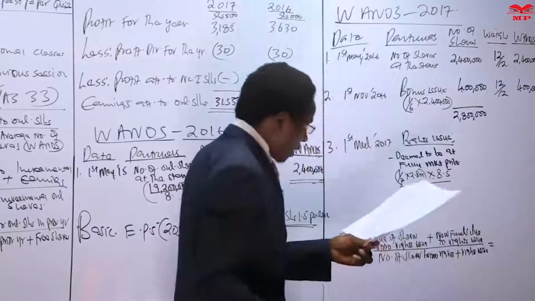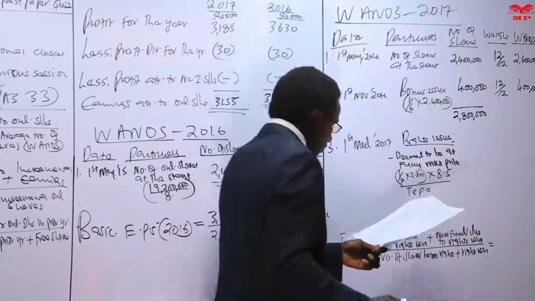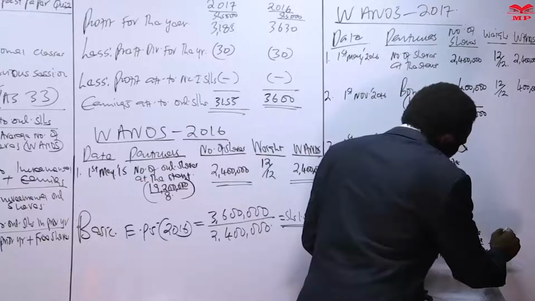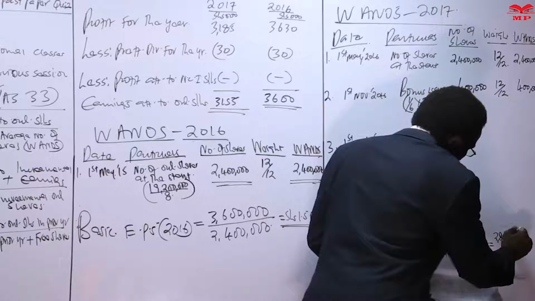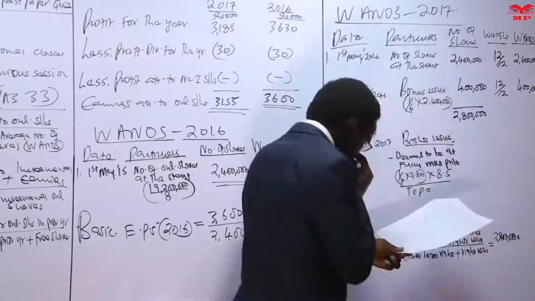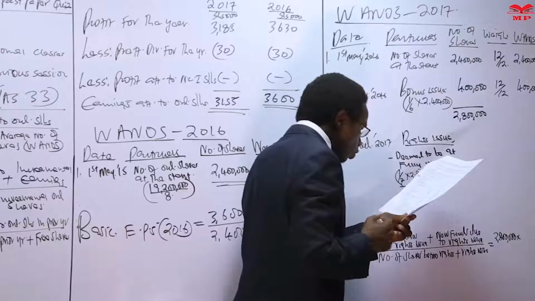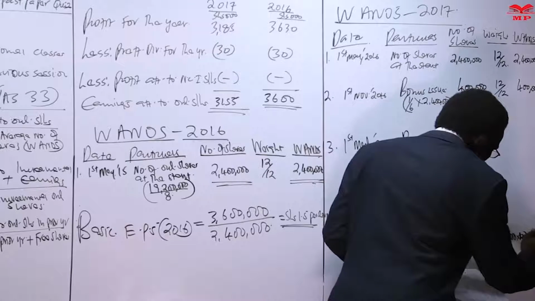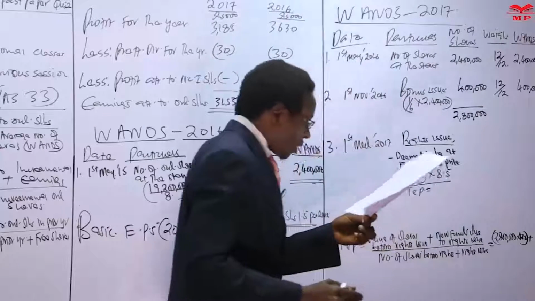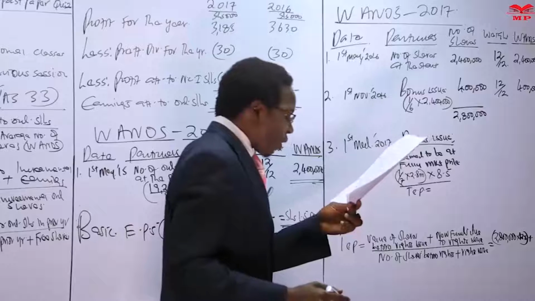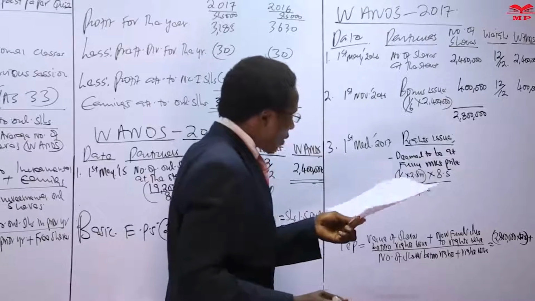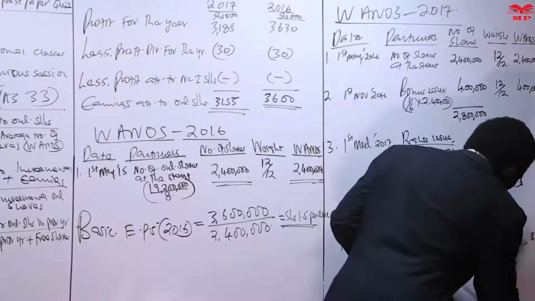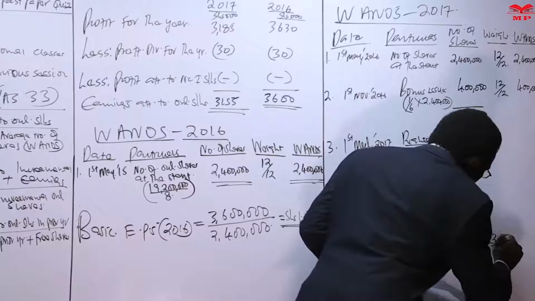And the value is, we take the 2.8 million shares at the price of 12.5, plus the value of the rights issue, where we receive 400,000 times 8.5.